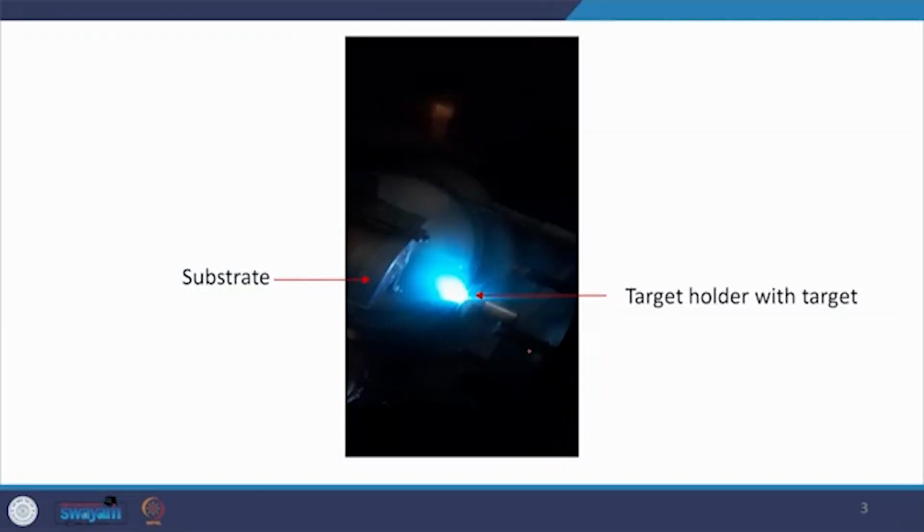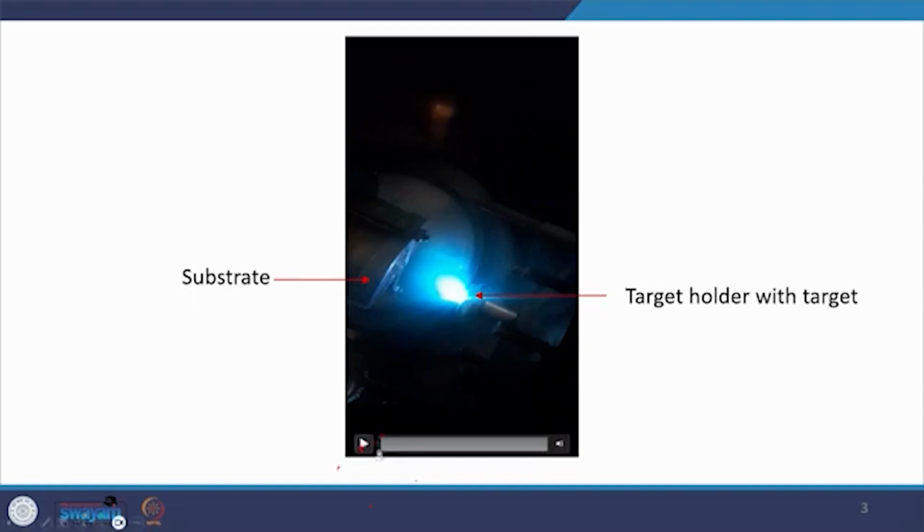Now I will show a video of the pulse laser deposition technique, as we do it in our lab with the help of an Nd third harmonic, that is 355 nanometer, of an Nd:YAG laser, that is the neodymium doped yttrium aluminum garnet.